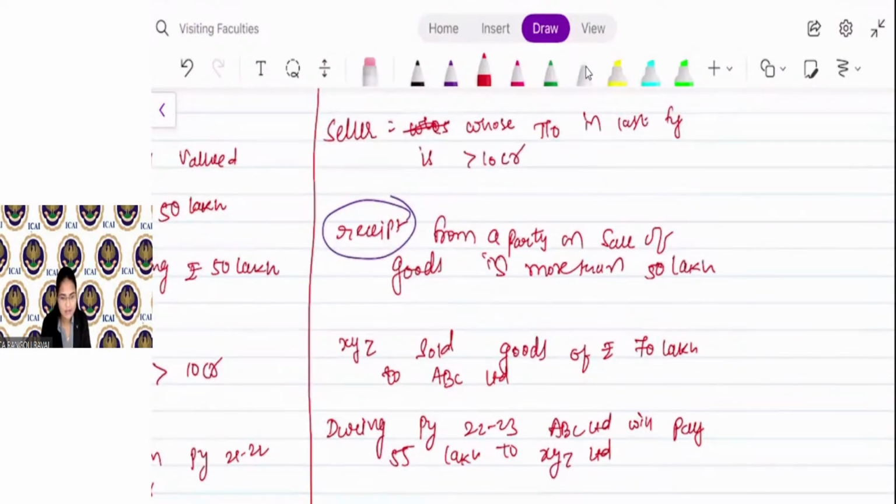As a seller, last year my turnover is more than 10 crore. In current year, I sell some goods to some party amounting to rupees 70 lakh. And during current year, the party pays 55 lakh to me towards the sale. So the sale price receiving is more than 50 lakh. Okay, so on exceeding 50 lakh, 5 lakh I am receiving. Yes, on 5 lakh I have to collect TCS from ABC Limited. Clear, Dhyanesh?